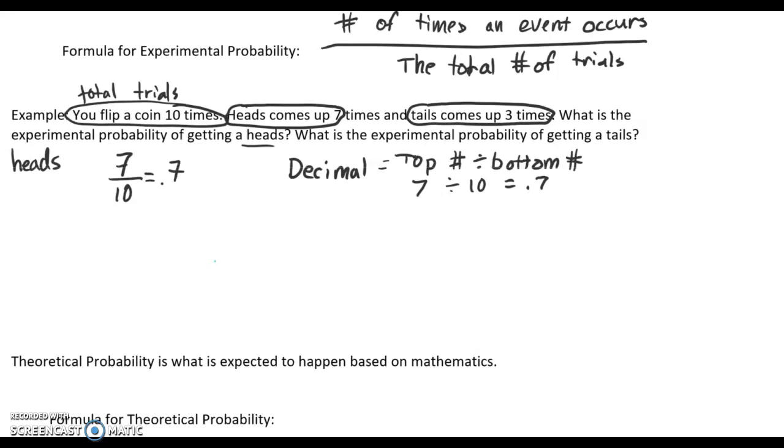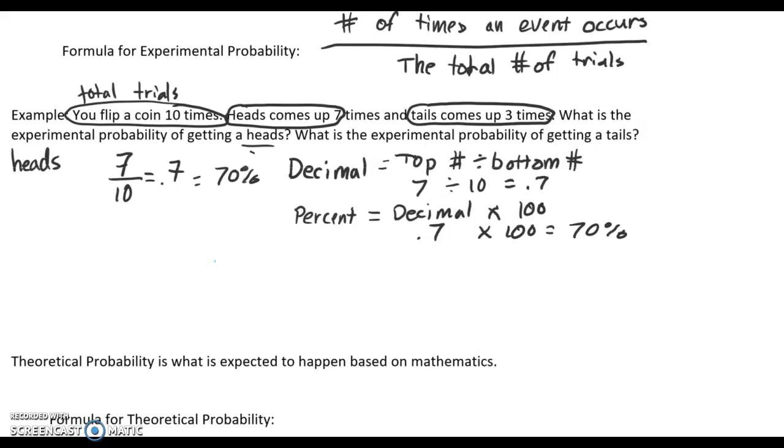Now from here, in order to get a percent, we're going to take our decimal that we just got and times it by 100. So we take 0.7 times 100, and we get 70%. So right here is our answer to what is the experimental probability of getting a heads.